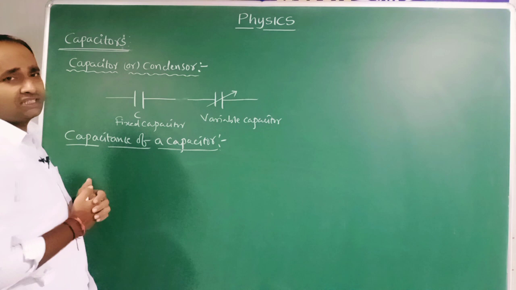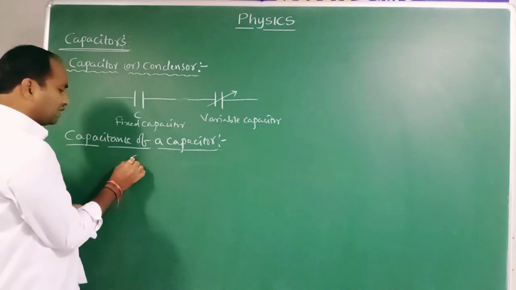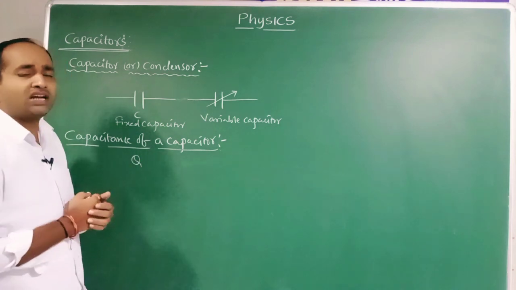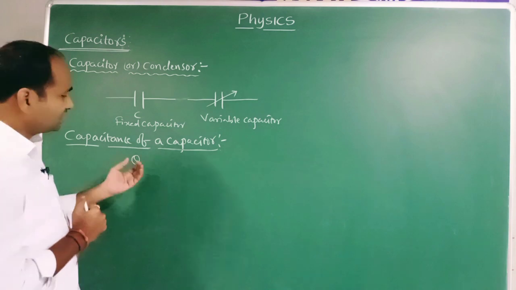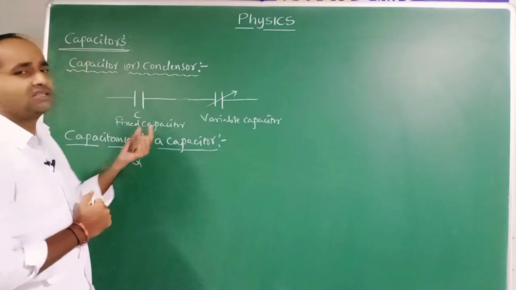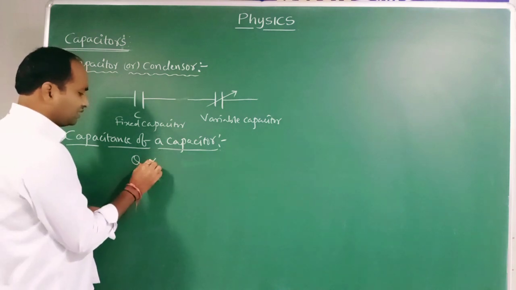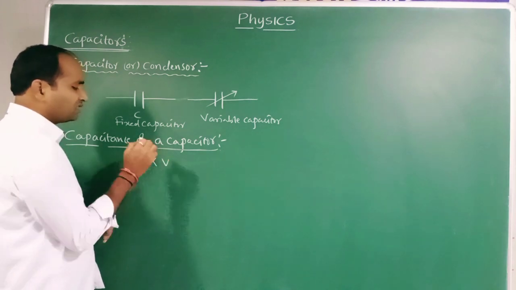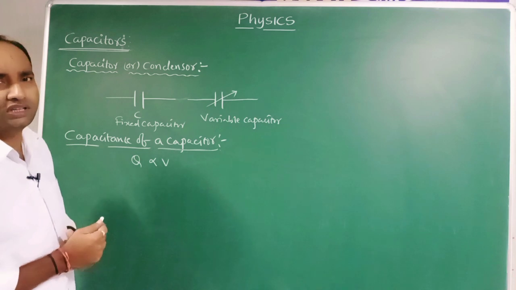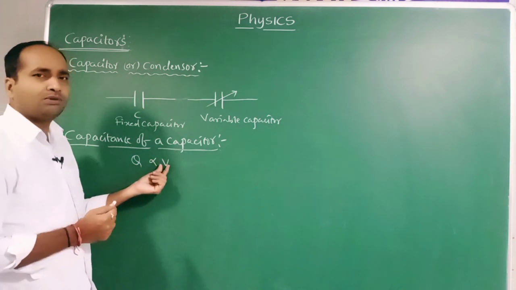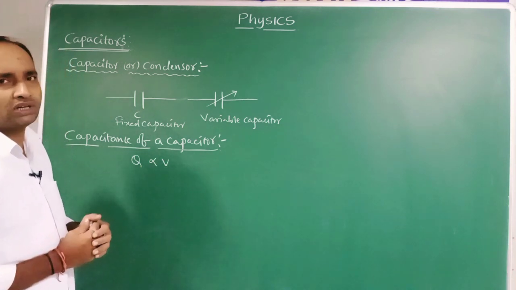If the charge of the capacitor is gradually increased, that is the charge of the positive conductor, then the potential difference across the two conductors also increases. V is the potential difference between the two conductors.